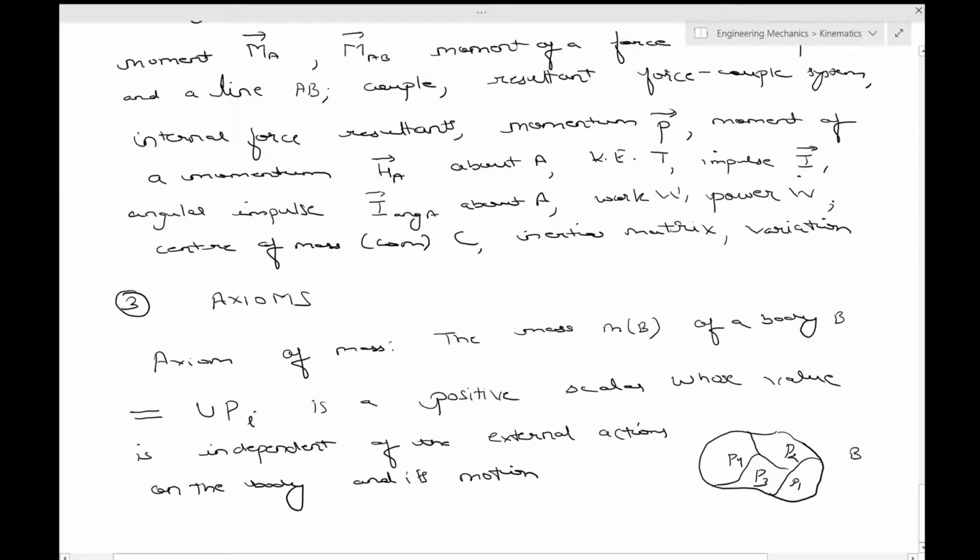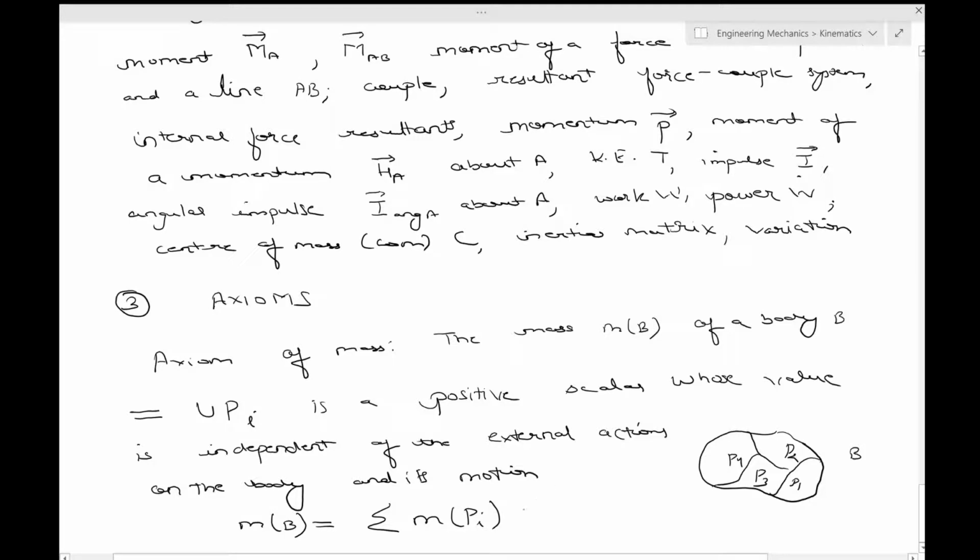So if this body starts to move, okay, you throw a piece of stone into the air and it goes and falls on the ground. The mass doesn't change, right? While it is in motion or things like that. And this mass of this entire body will actually be the summation of all the individual parts of this.